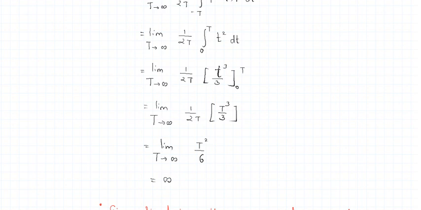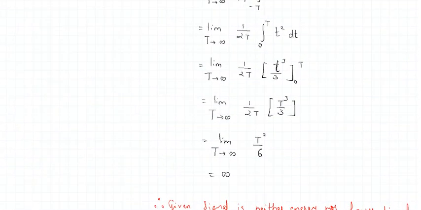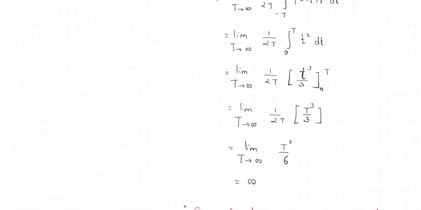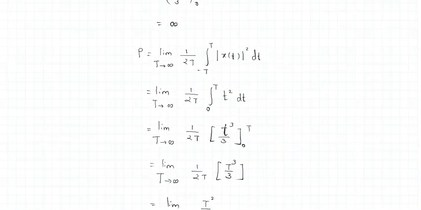So here is a very interesting revelation. We observe that the energy is infinite and the power is also infinite. Here we obtain power to be infinite, and we have also obtained energy to be infinite. So what is the conclusion?